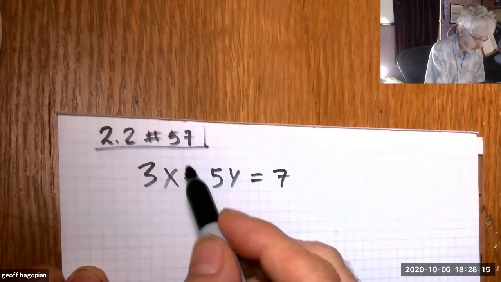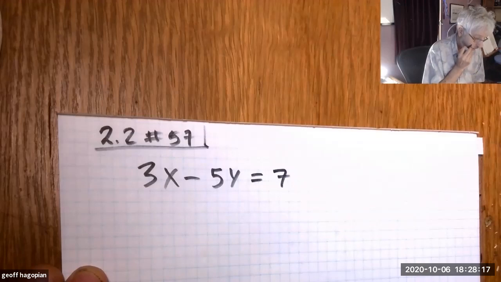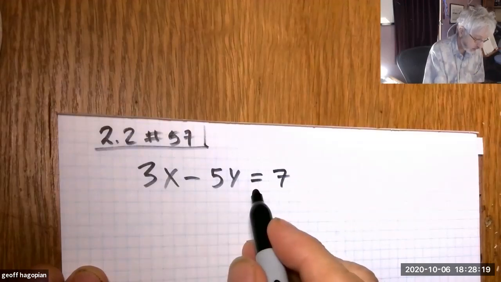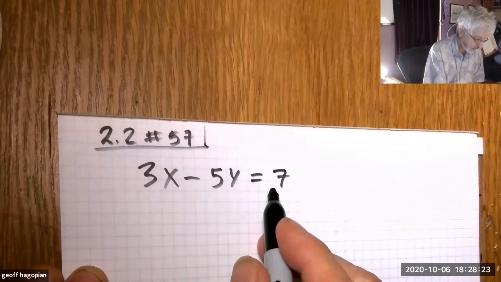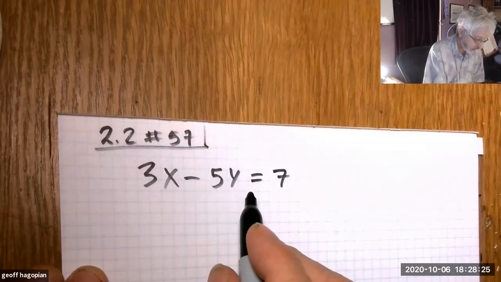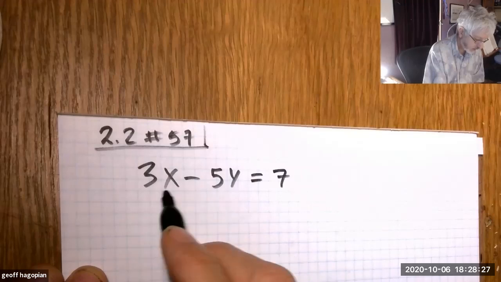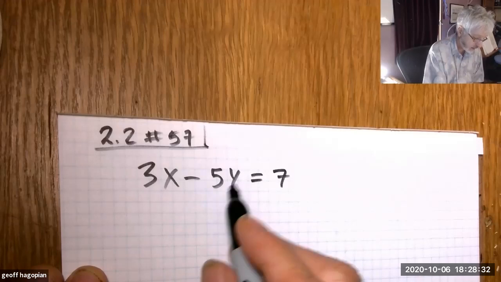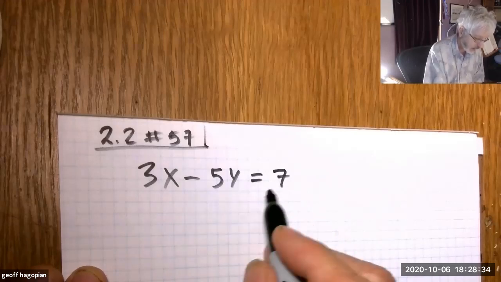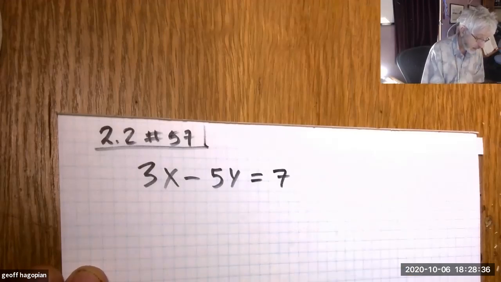The powers are just 1. And there are no roots. There's no absolute value. It's just a multiple of x plus a multiple of y. Well, minus, right? Plus negative 5 times y. That's plus a multiple of y equals a constant, right?